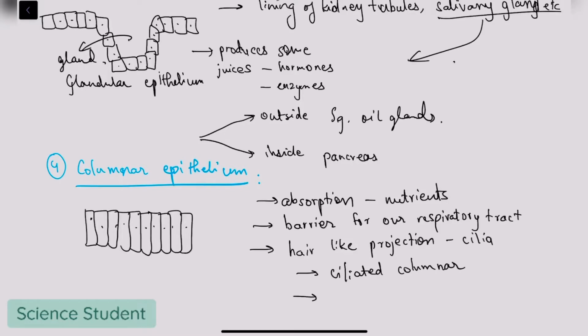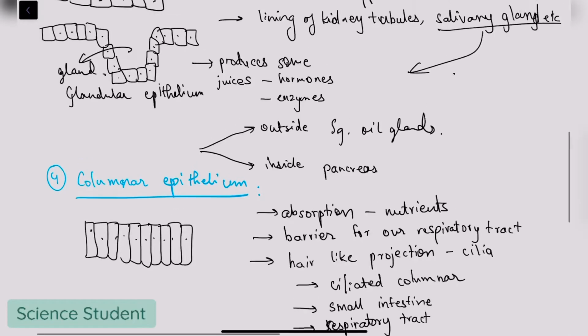They are mainly present in organs like the small intestine and the respiratory tract.